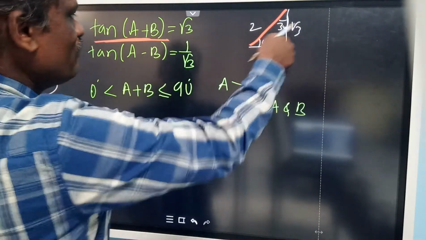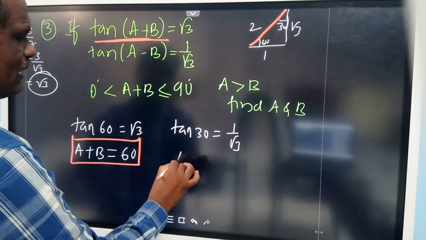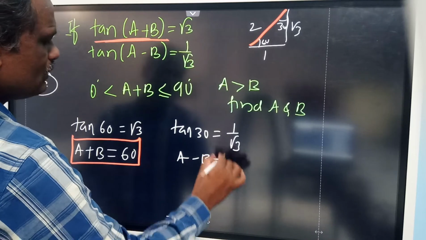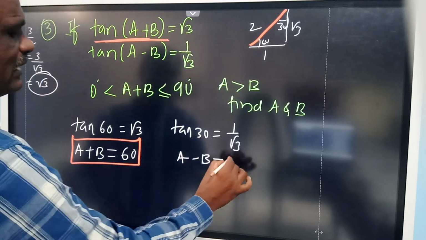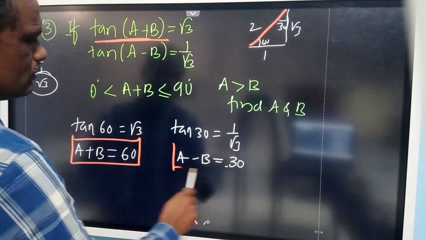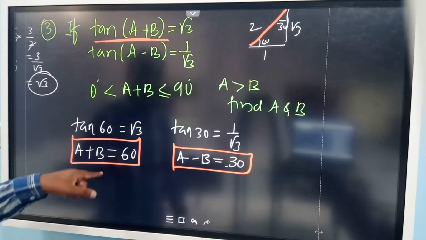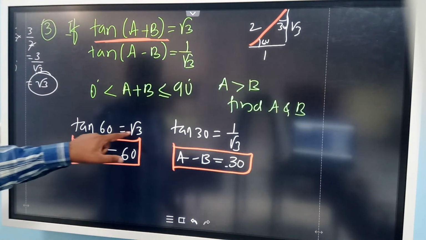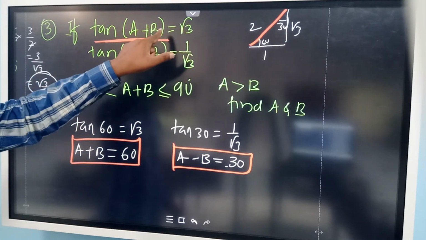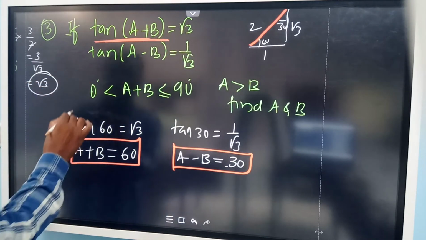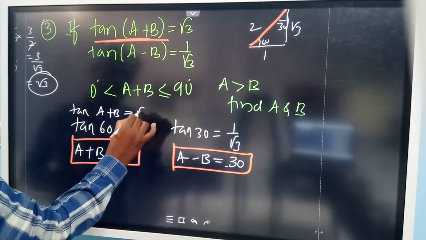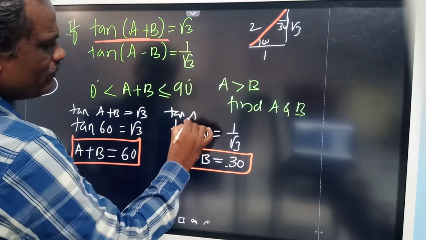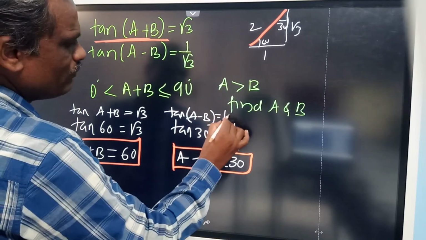We have tan 30 as 1 by root 3, so A minus B must be equal to 30 degree. So you can write once again: tan A plus B is equal to root 3, tan A minus B is equal to 1 by root 3.